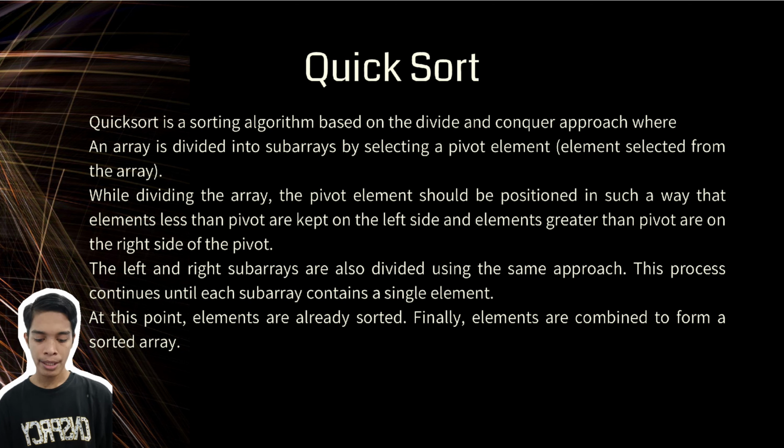When you remember quick sort, it's a sorting algorithm, but quick sort is different from binary sort and bubble sort, because quick sort divides the array and picks an element to be positioned, such that elements less than the pivot are kept on the left side and elements greater than the pivot are processed on the right side.